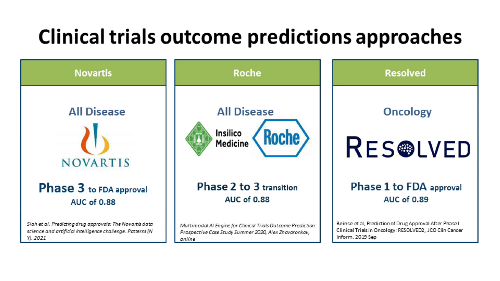Then another initiative proposed to predict phase 2 to phase 3 transitions, where the main bottleneck is. This collaboration provided a model with an AUC, so a performance, again of 0.88, which is good. It gives confidence that it's possible with machine learning models, using data from phase 2, to predict the outcome of a drug in terms of transition or approval.